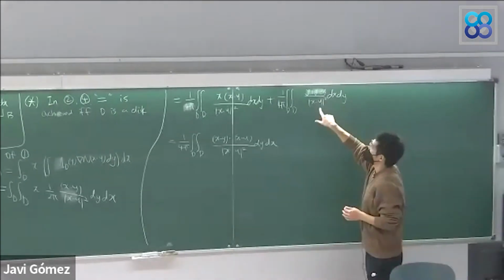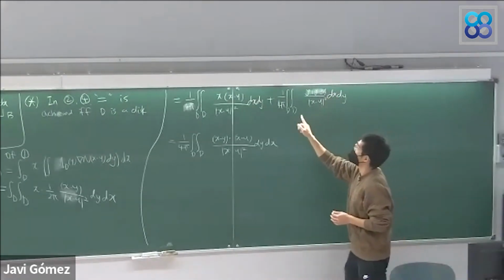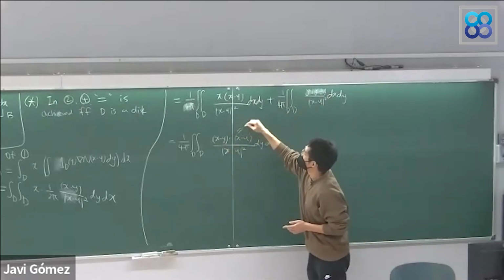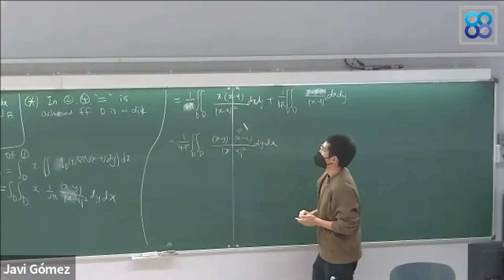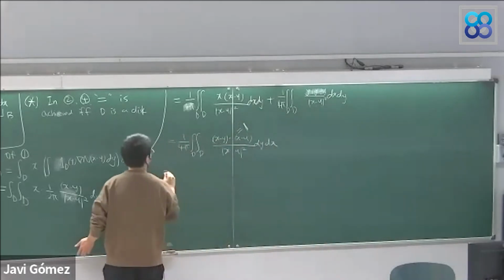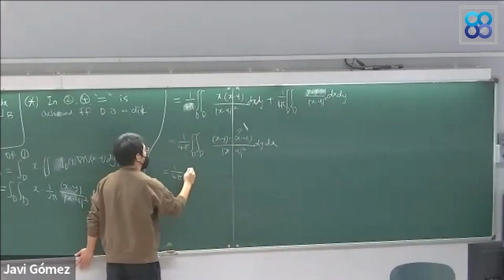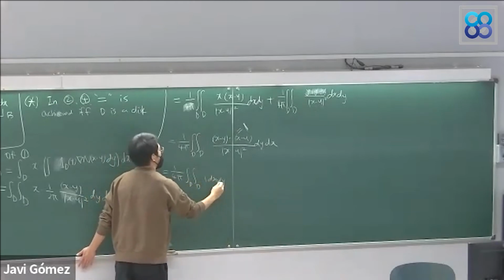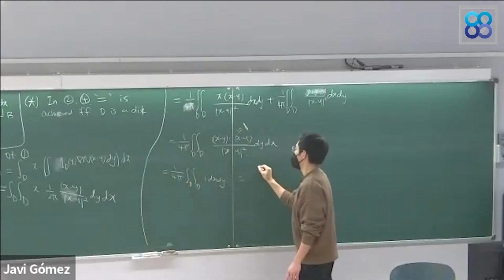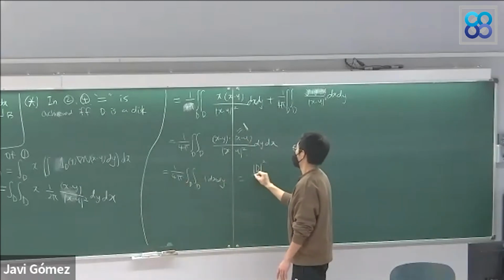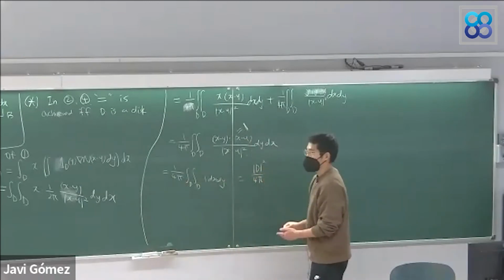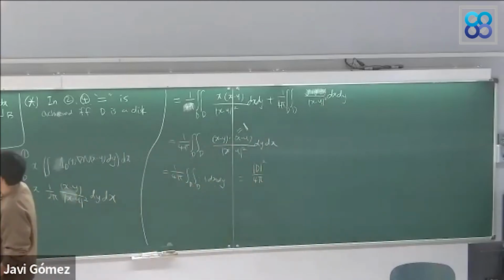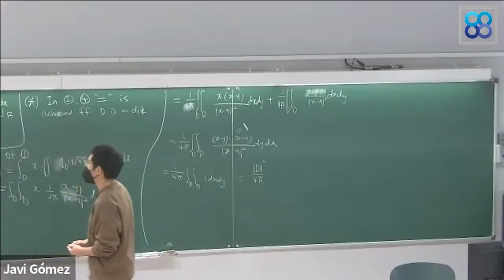Pulling out the same factor from the second term gives a negative sign, and then the integrand is exactly 1. So we have the integral of 1 dx dy, which is just the square of the area. So that exactly gives us claim 1.